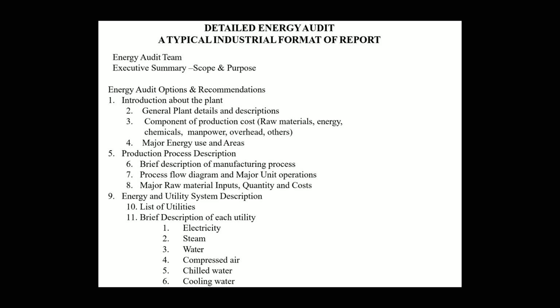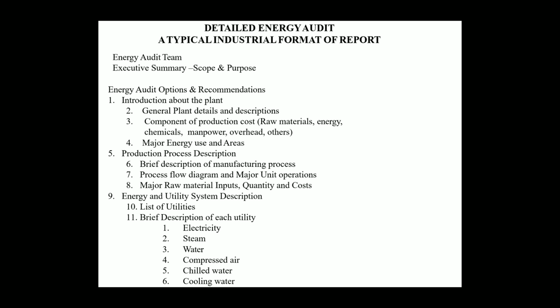Then fourth, major energy use and areas. Fifth, production process description. Sixth, brief description of manufacturing process. Seventh, process flow diagram and major unit operations. Eighth, major raw material inputs, quantity and cost.